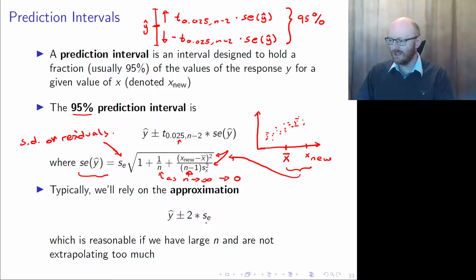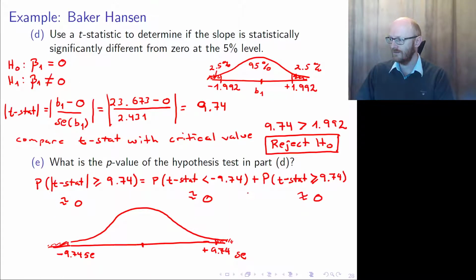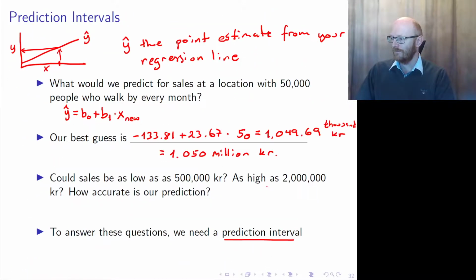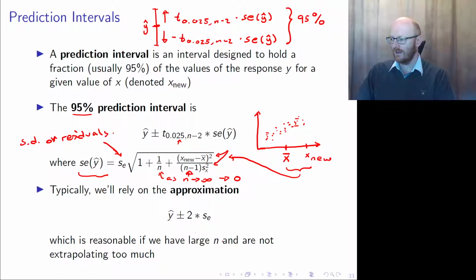And the standard deviation of residuals, on the output from Stata, it's called root MSE, root mean squared error. So if you have large N and you're not extrapolating, then you can use this approximation.